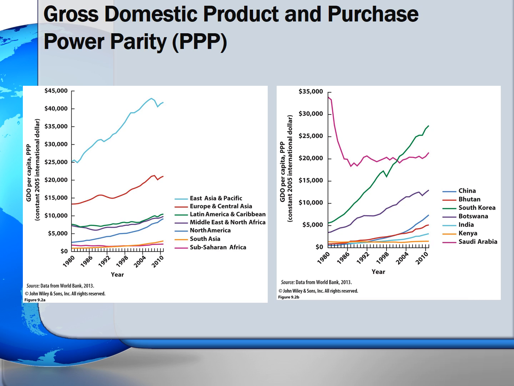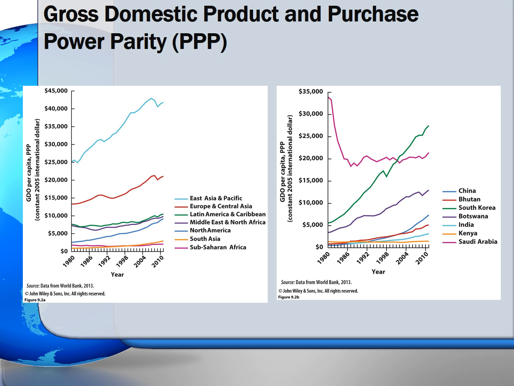These graphs show change in GDP per capita by region and for selected countries. More steeply sloped lines indicate a faster rate of growth or decline. Despite some declines, the graph on the left shows every region has experienced overall growth since 1980, and some regions have grown more rapidly than others. These data are reported in constant 2005 international dollars to show that they have been adjusted to remove distortions caused by inflation, using 2005 as a baseline year.